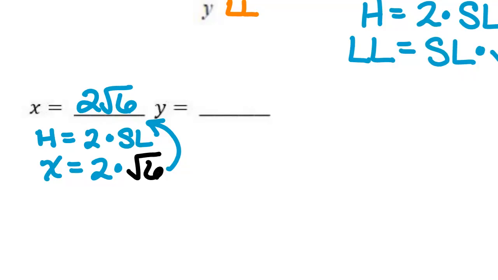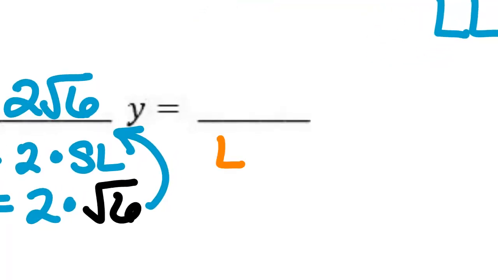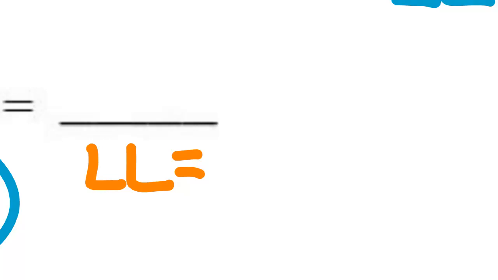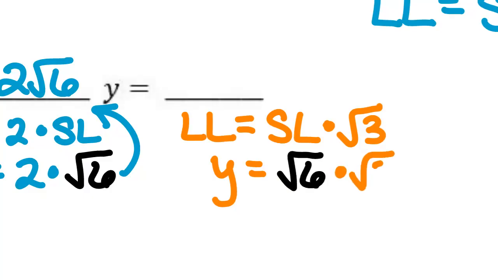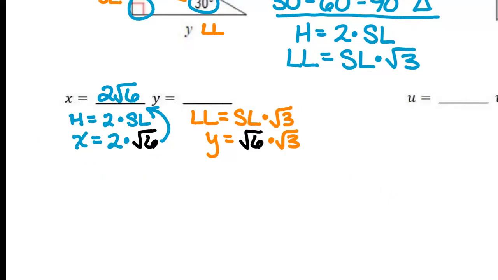Y is my long leg. Long leg is equal to the short leg times radical 3. The long leg is Y. So Y is equal to radical 6 times radical 3.